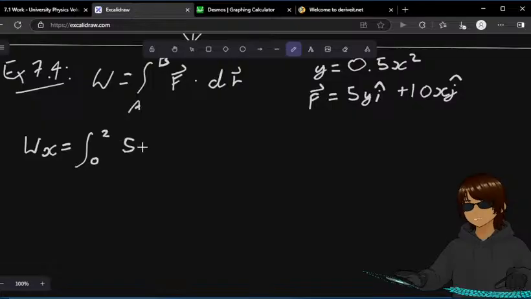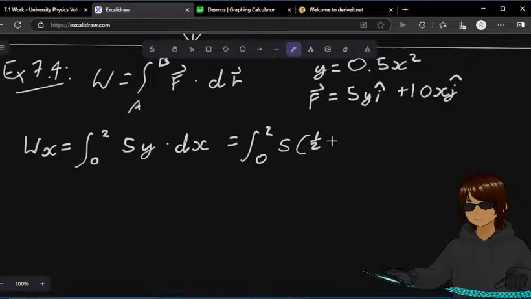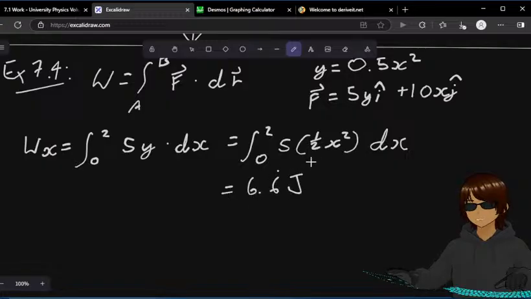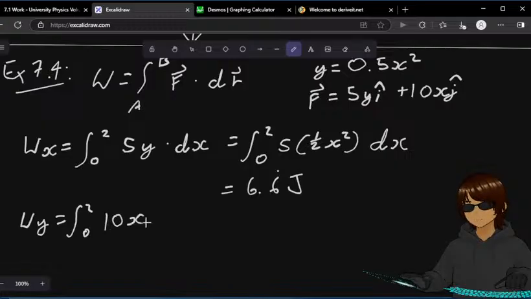So 5y times dx. This is the same thing as before, joules. But in the y direction, we have 10x dy.